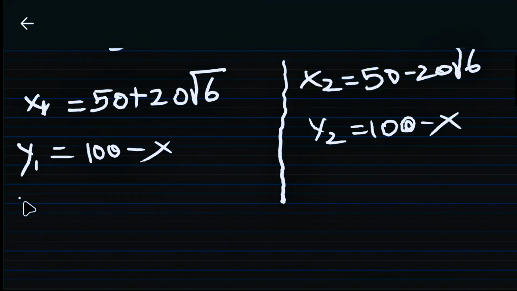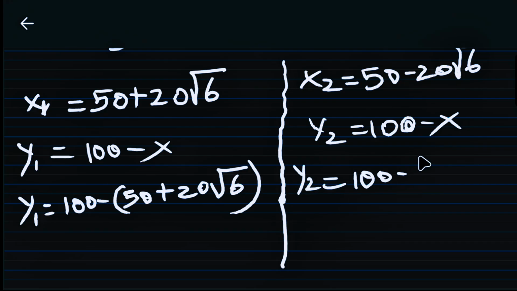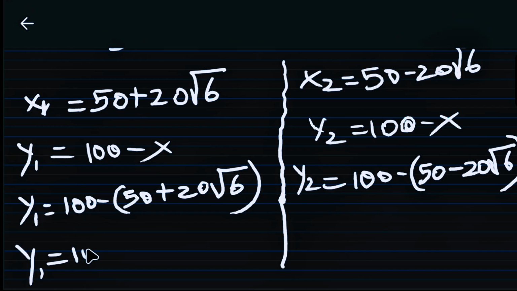So we have y1 equal to 100 minus x, which is 100 minus open parenthesis 50 plus 20 square root of 6. And y2 will be equal to 100 minus open parenthesis 50 minus 20 square root of 6. So this is what we have here. So from here y1 will be equal to 100, then let's open the parentheses with this minus. It will be minus 50, then minus 20 square root of 6.